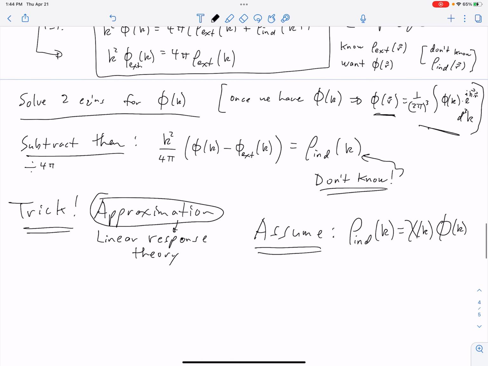And that, my friend, is the electronic susceptibility. One way to think about it is: if I have some potential phi, then I must have some induced charge, rho induced. So think of the potential as causing the induced charge.